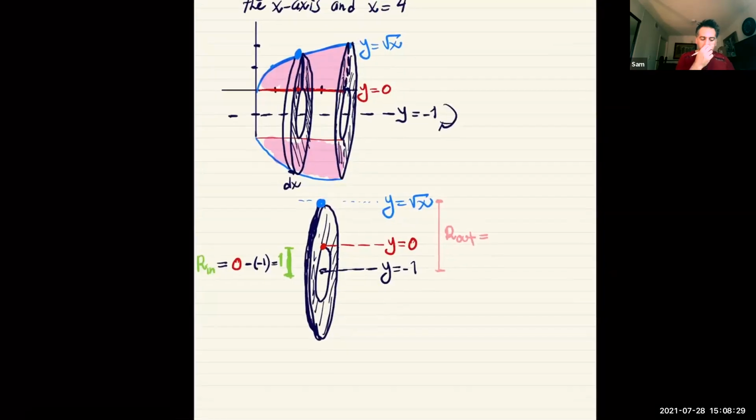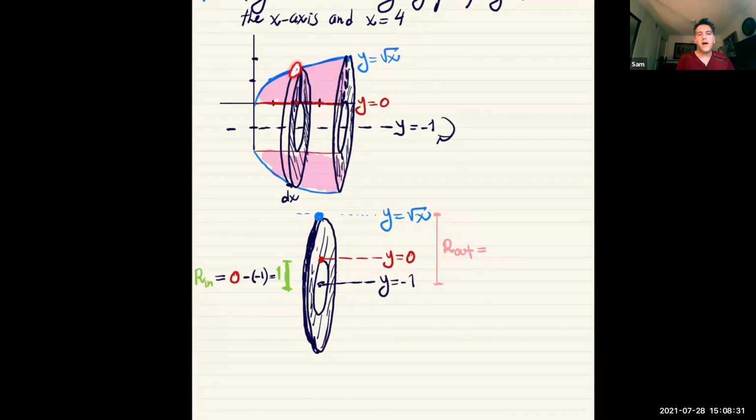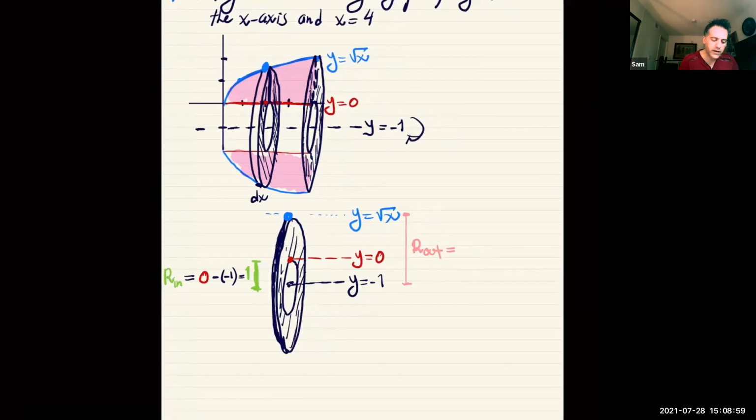Assume this point is 1.5. The distance between 1.5 and -1 is 1.5 minus -1, which gives positive 2.5. Always do top minus bottom. So that gives us √x minus -1.